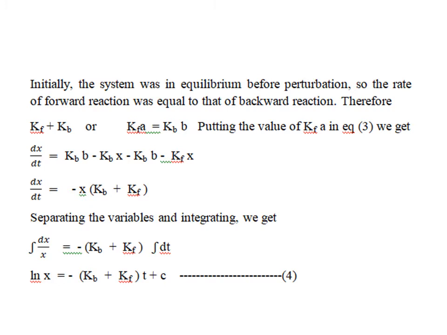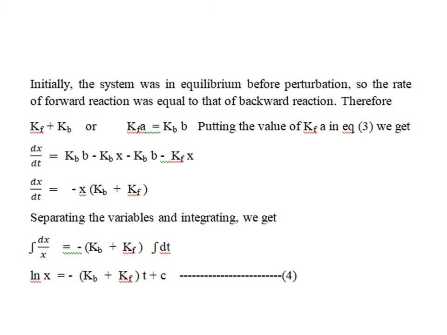Once again, initially the system was in equilibrium before perturbation, so the rate of forward reaction was equal to that of backward reaction. Therefore, Kf is equal to Kb, not plus, or we can write Kf a is equal to Kb b.